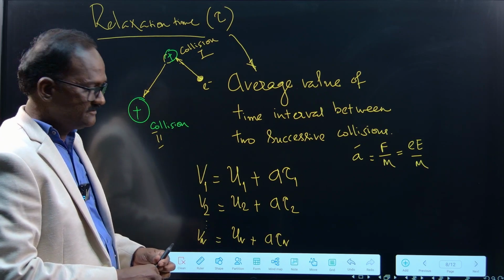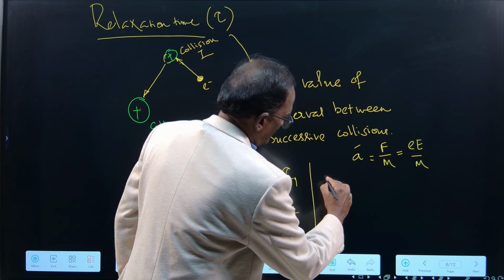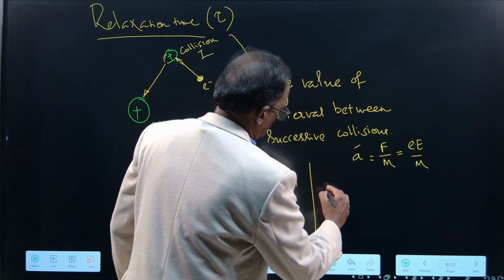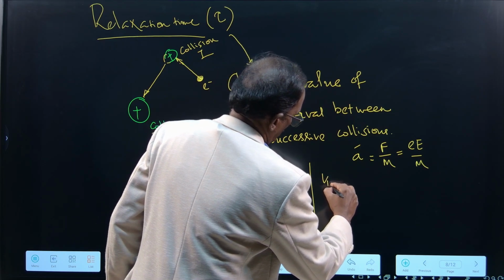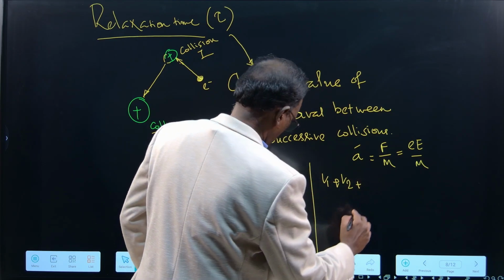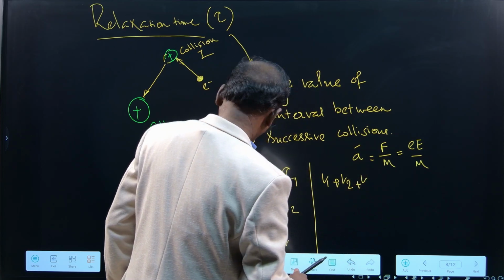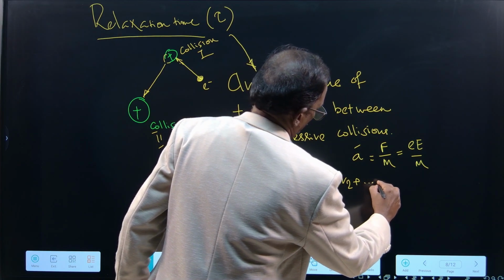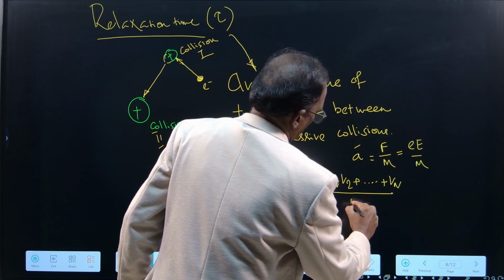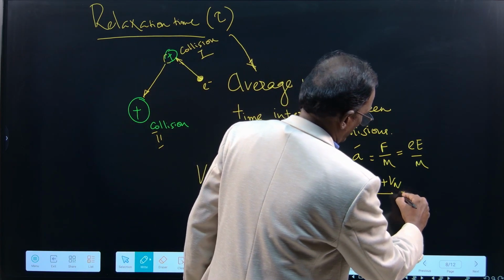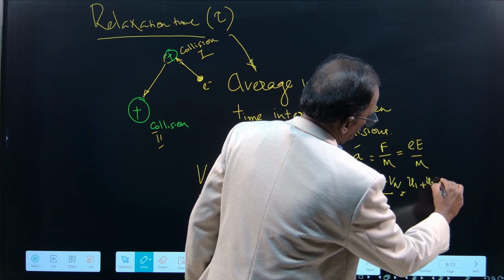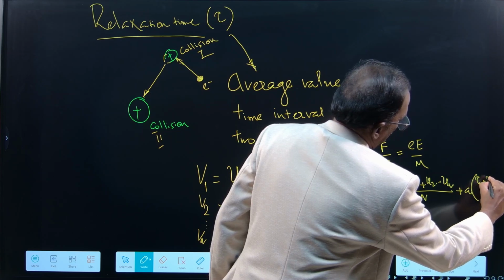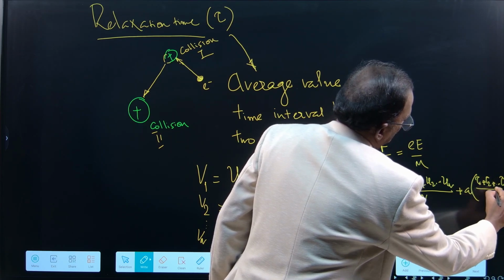If we take the average value, V1 plus V2 plus up to Vn upon n is equal to U1 plus U2 up to Un upon n plus A into tau 1 plus tau 2 up to tau n by n.